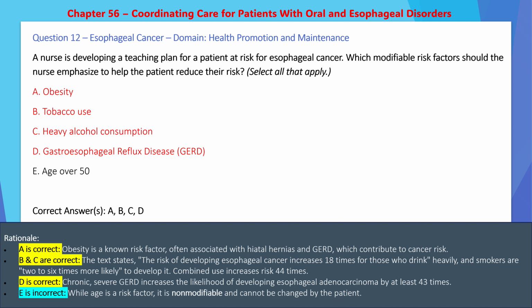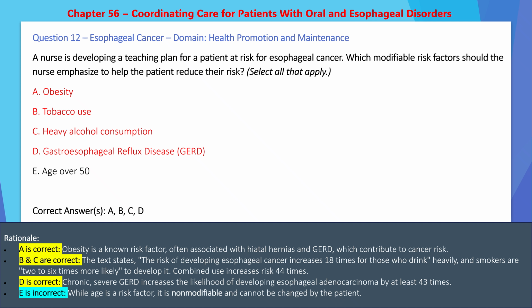Combined use increases risk 44 times. D is correct because chronic severe GERD increases the likelihood of developing esophageal adenocarcinoma by at least 43 times.